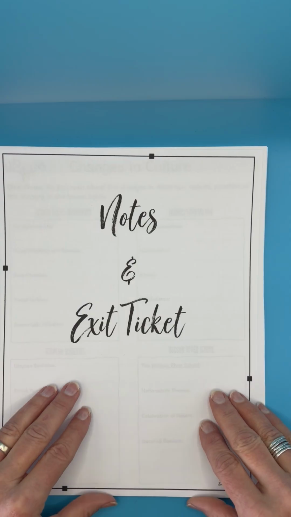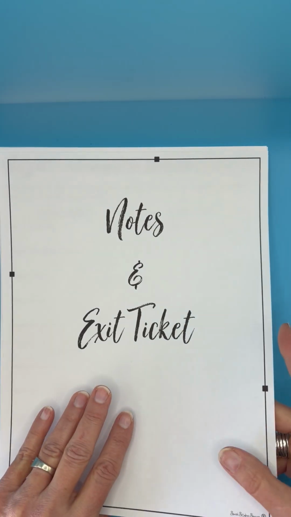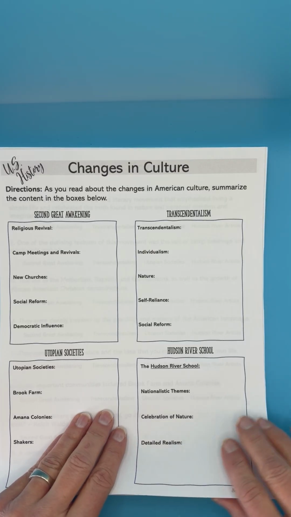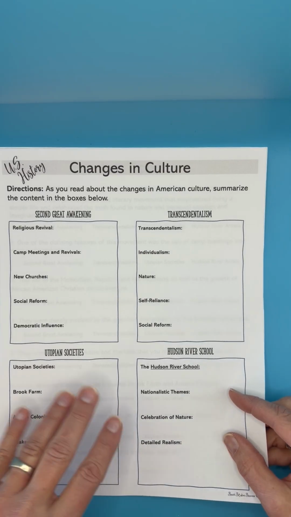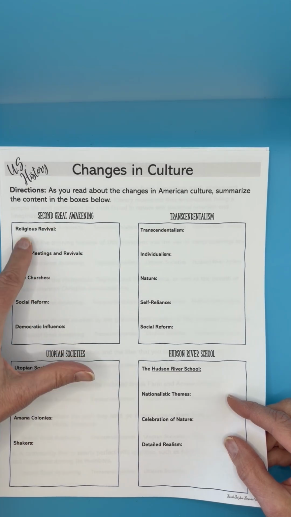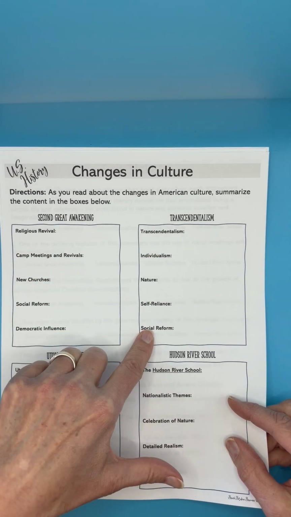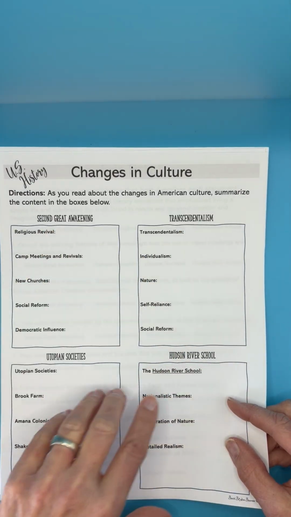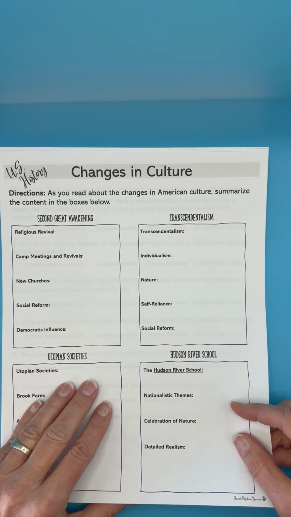It's now time to wrap it all up, and you could choose between doing both notes and the exit ticket, or just the notes, or just the exit ticket. This is a nice way of having them go back to their readings and identify just sort of a quick summary of these parts and pieces of the major parts of this changes in culture lesson.